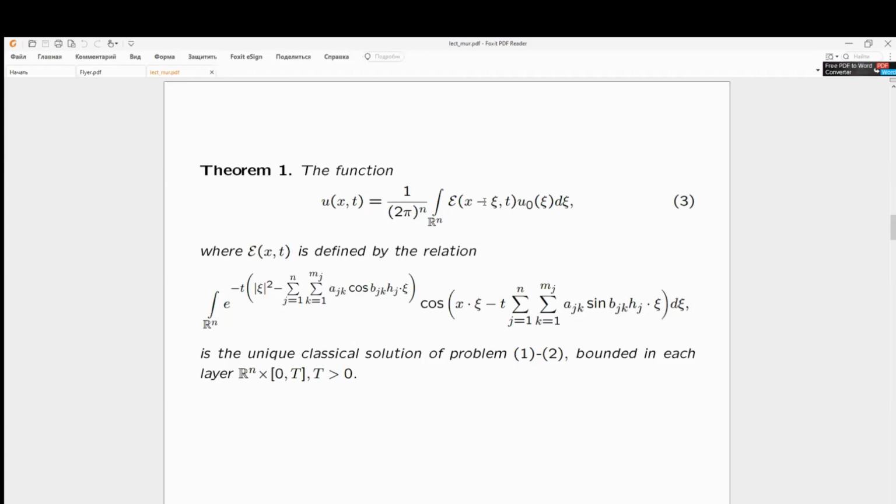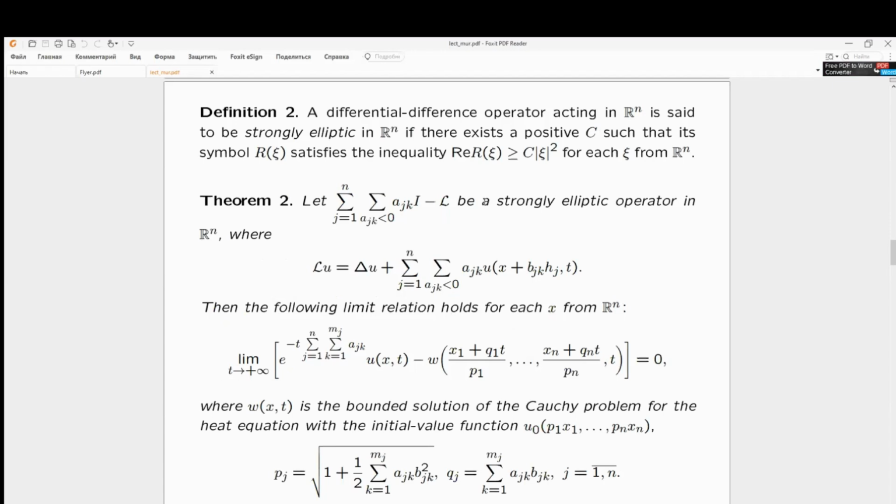When we pass to the asymptotic behavior of solutions, we have to impose additional restrictions. To do that, we introduce the notion of strong ellipticity. We say that a differential difference operator acting in Rn is strongly elliptic in Rn if there exists a positive constant c such that the symbol of our operator, R of psi, satisfies this inequality for each psi from Rn.